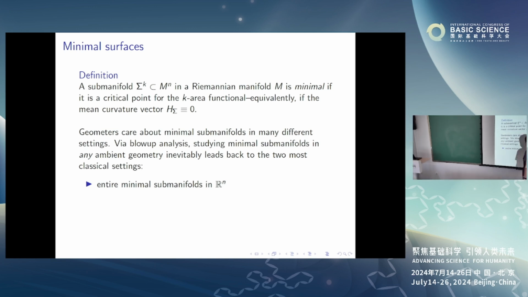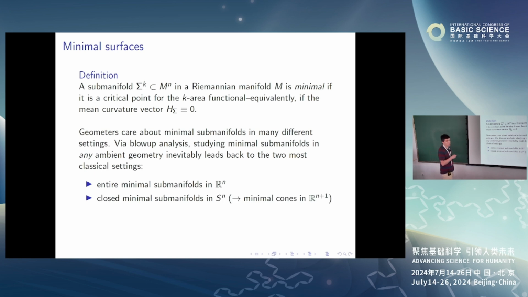And in fact, if you're blowing up at scales small enough where the area density looks the same at those scales, then the monotonicity formula tells you that you end up with minimal cones in some Euclidean space, which are just cones over closed minimal submanifolds of the sphere. And it's this setting of closed minimal submanifolds in the sphere that we're going to start with today.